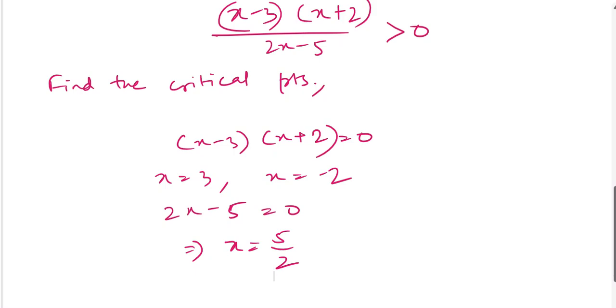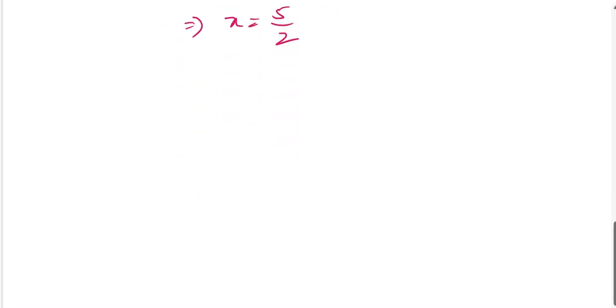So determine the intervals of positivity. The expression (x minus 3)(x plus 2) divided by (2x minus 5) changes sign at the critical points. We analyze the sign in each interval created by the 3 points. What are the intervals?